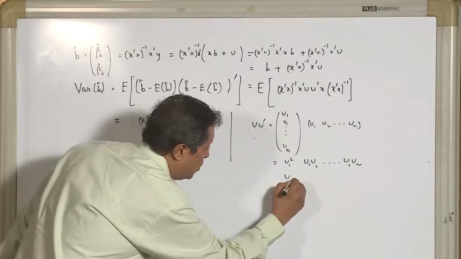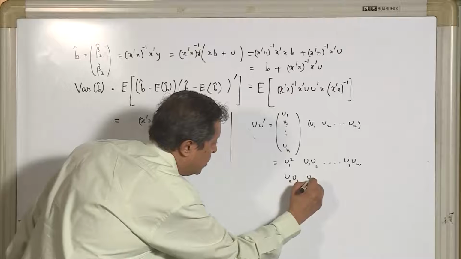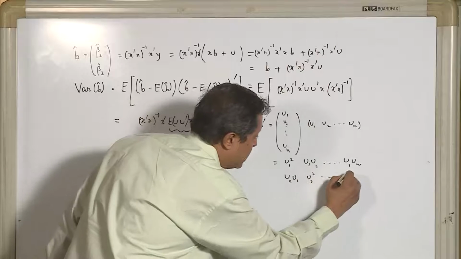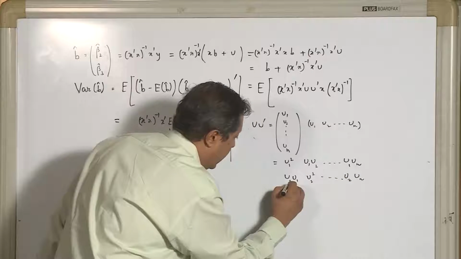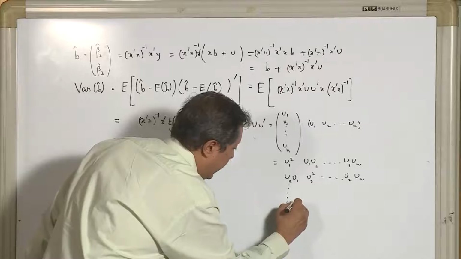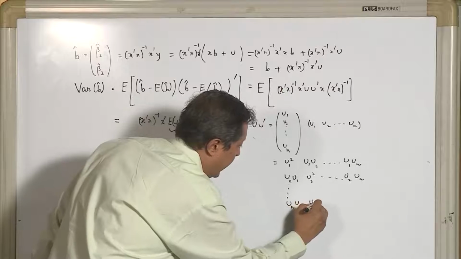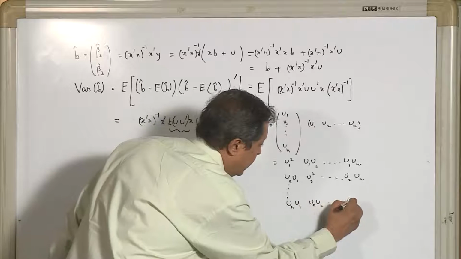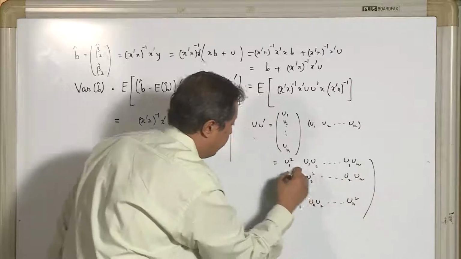Similarly, u2 u1, u2 square, through u2 un, and so on up to un u1, un u2, finally un square.